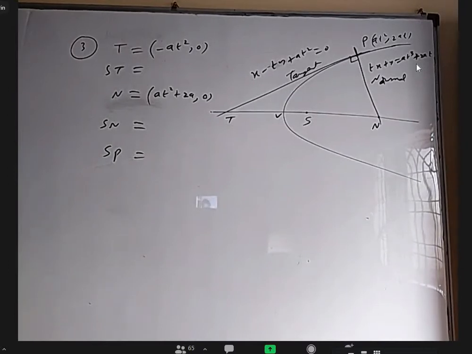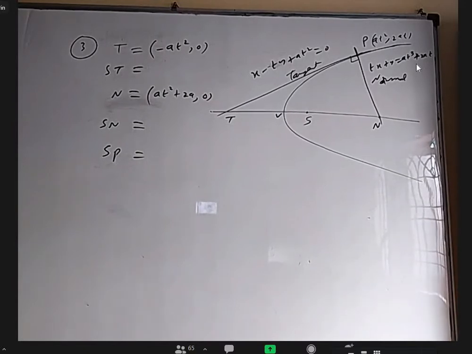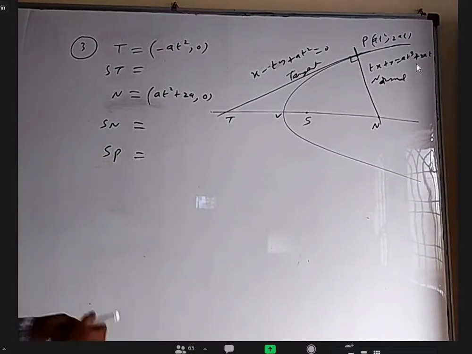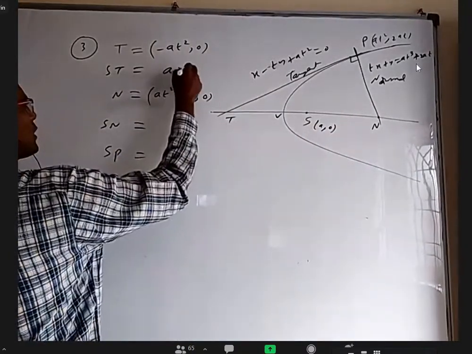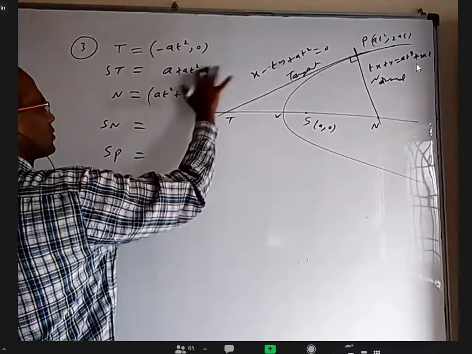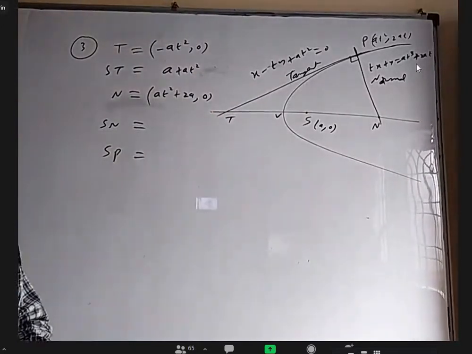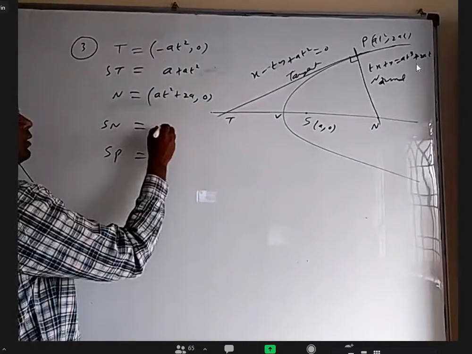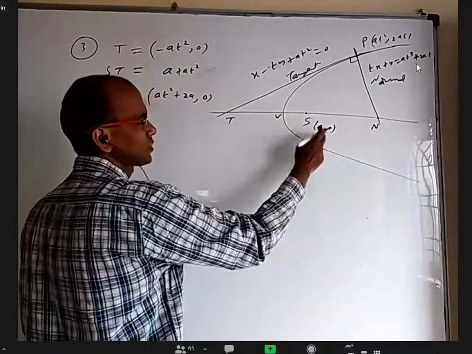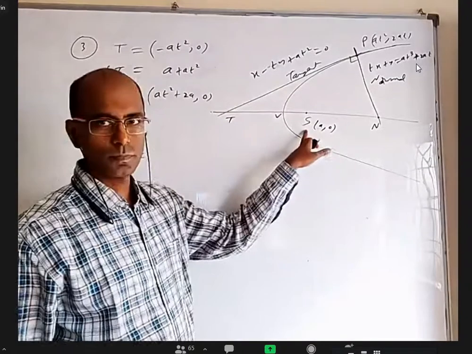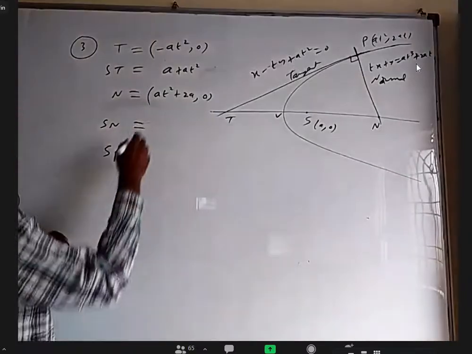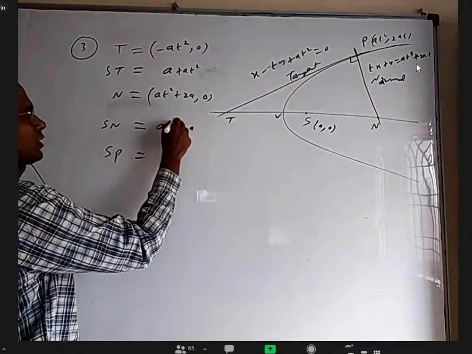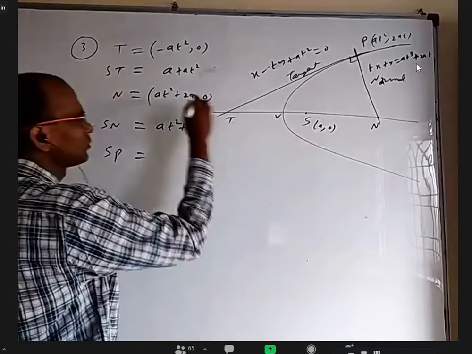S is (a, 0). ST is equal to a plus at², because this is (a, 0), this is (minus at², 0), when you find the distance. A plus at², that is the distance. What is SN? I am asking the distance to focus, not the distance to vertex. So a² plus a, that is also at² plus a, because from at² plus 2a you have to subtract a.